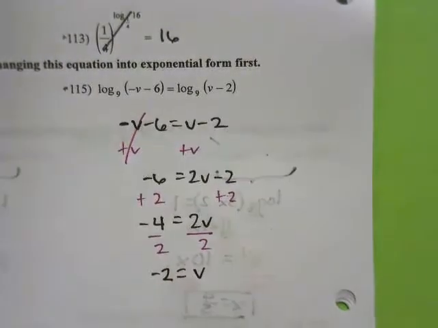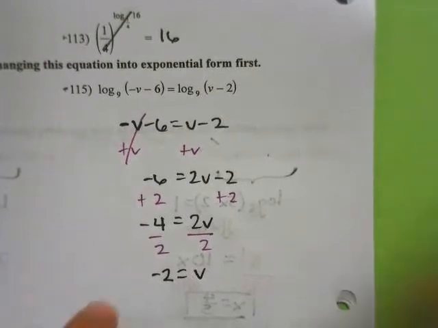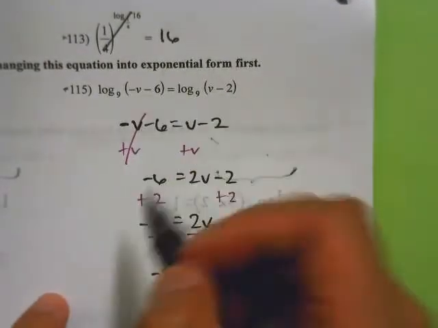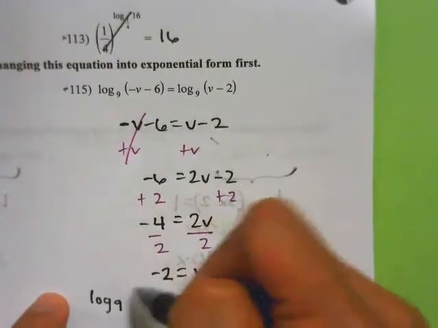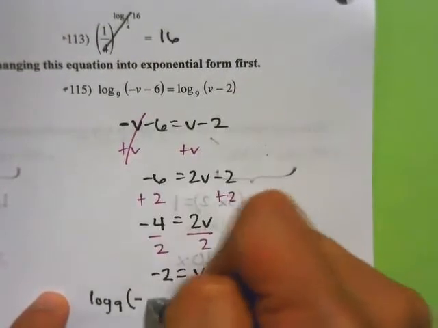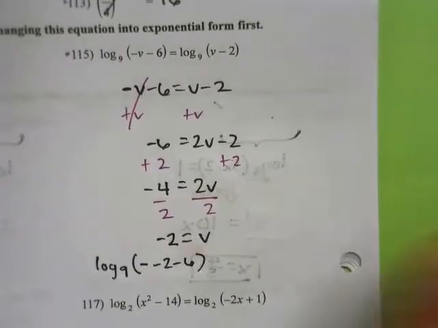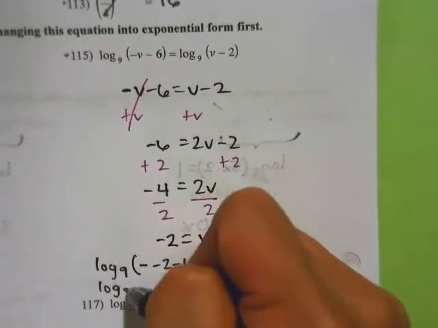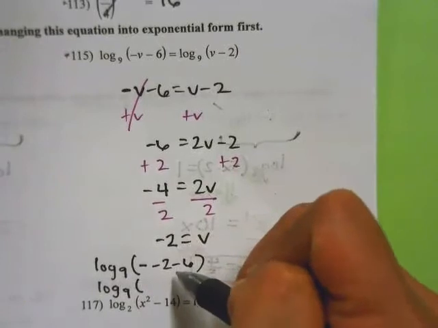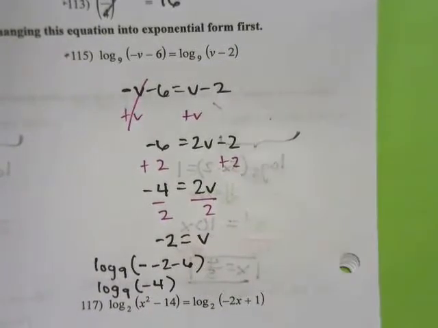Let's check. If we plug in negative 2 over here, log of 9, negative, and then negative 2 minus 6. I think this is going to be a no, because this is still going to be 2 minus 6, and that's going to be negative 4. We cannot have a negative inside.